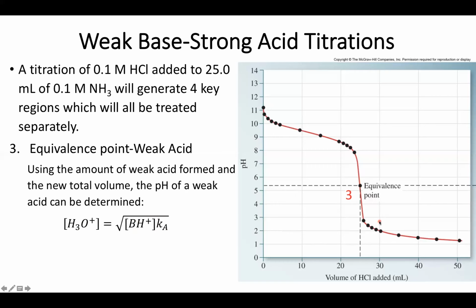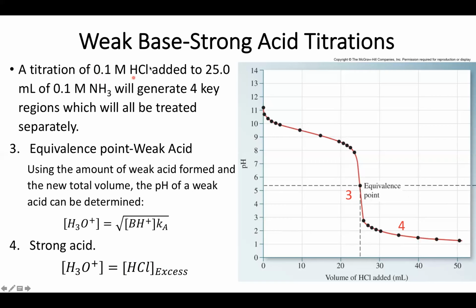And then similar to a strong base system, you can end up adding an excess of acid, at which point you're in this strong acid region, where the pH is exclusively controlled by how much unreacted HCl is present. And you'll notice that as you keep adding more and more HCl, it will slowly converge on the pH of that pure HCl system.